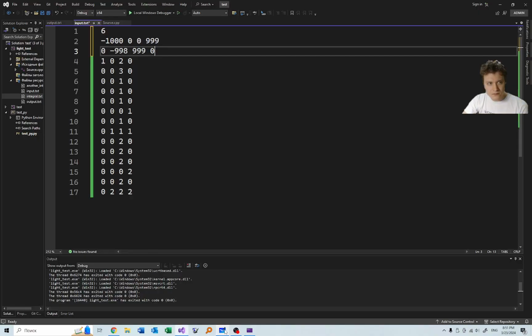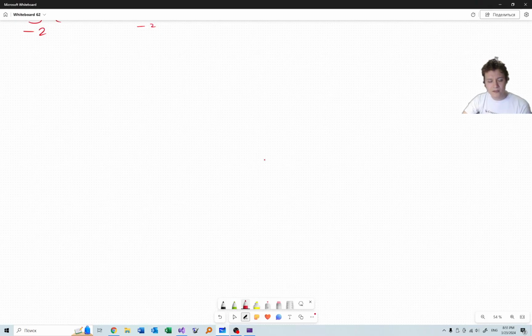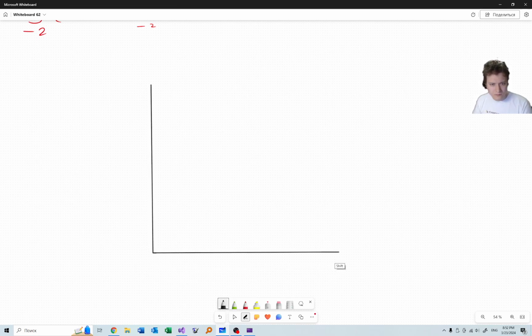Let's look at them. So, they are almost parallel. Yeah, it's understandable. But even if they're almost parallel, the answer shouldn't be 0.